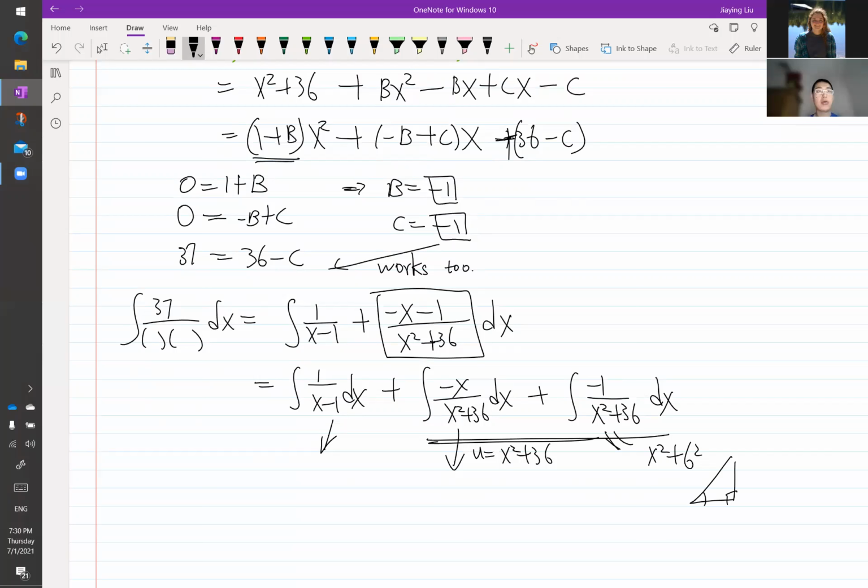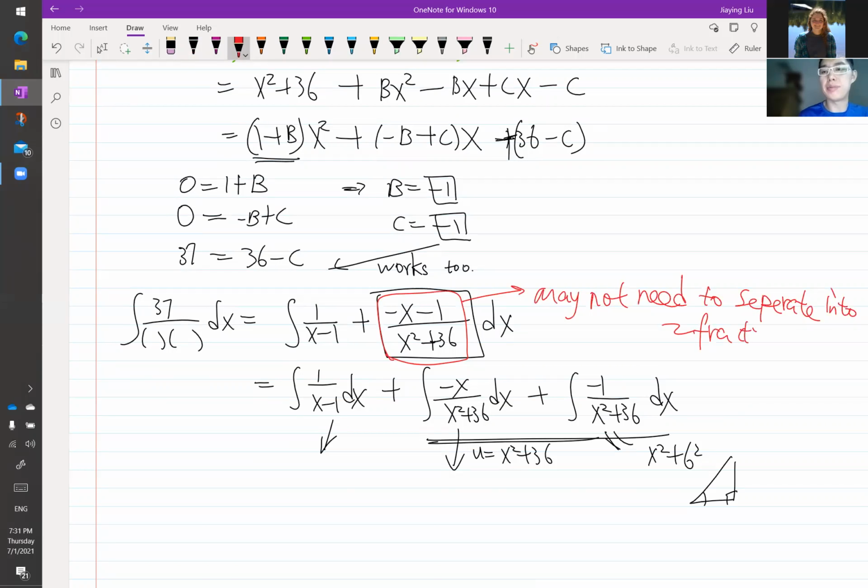Okay, any questions on this? I don't have time to finish it, but hopefully that's enough work to get you started on a problem like this. So let me just note that if you see something like this, you may not need to separate into two fractions.